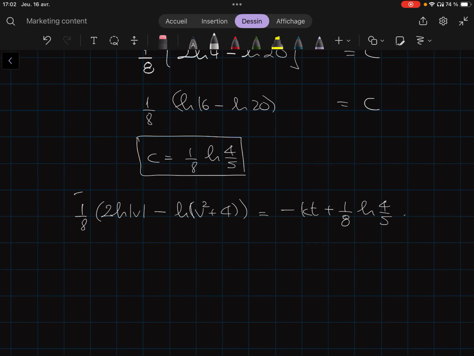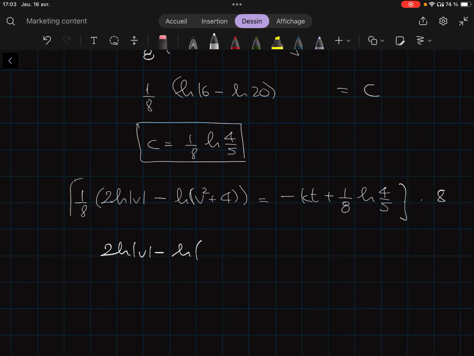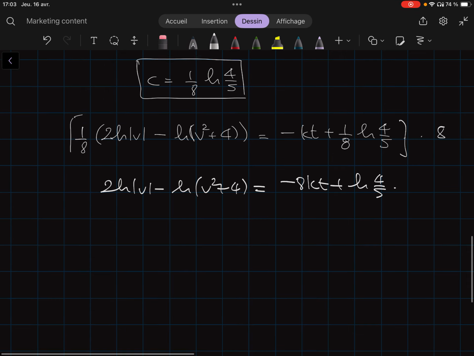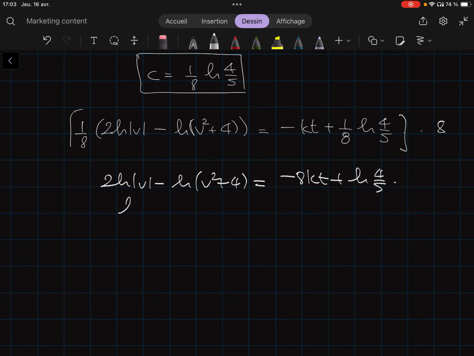Okay, I'm going to then multiply both sides of this equation by 8. I'm going to combine the logarithms. I am then going to exponentiate both sides.